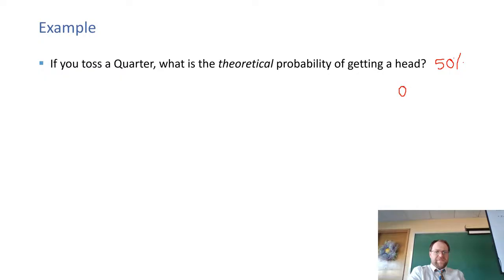Or as a decimal, 0.500, which by the way is the same as one favorable outcome, so the head, out of two possibilities that can occur.